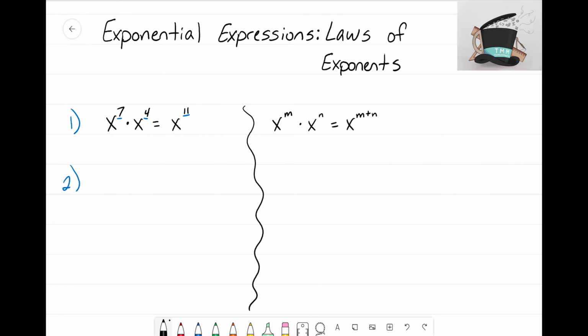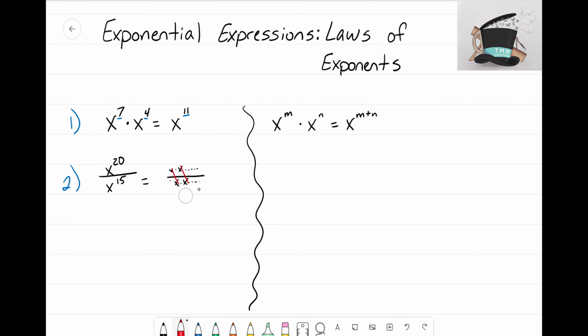Now our second law is going to talk about these division problems we've been seeing occur. Let's say that I had x to the 20th power over x to the 15th power. Now again, what I want you to think about is, imagine that we actually wrote this out, and we wrote all of the x's multiplying on the top, and all of the x's on the bottom multiplying out. And then think about what happens as we start to cancel those through.